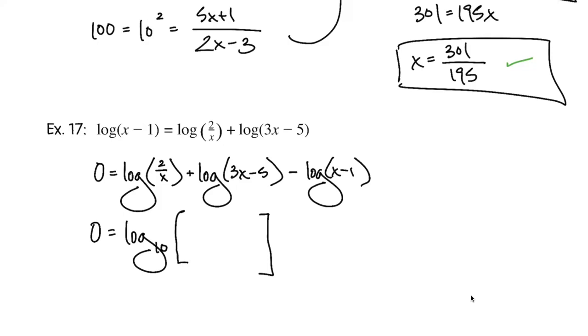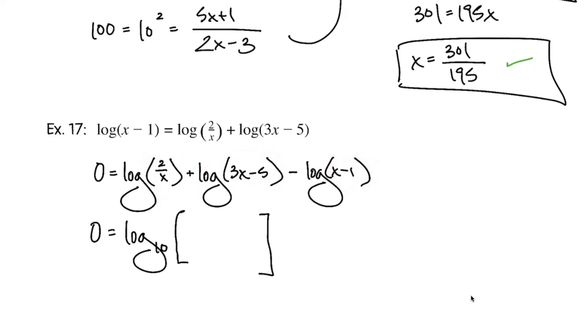I don't need you to simplify it necessarily. Tell me what I'm multiplying or dividing. What do we do with the 2 over x and 3x minus 5? Yes, we would multiply those two, because we have an addition between them. What will we do with this x minus 1?